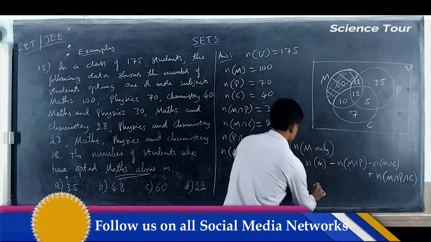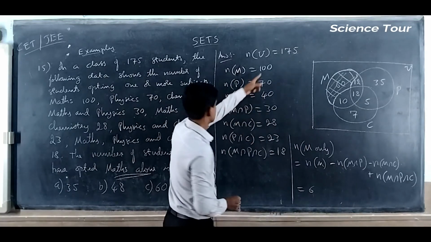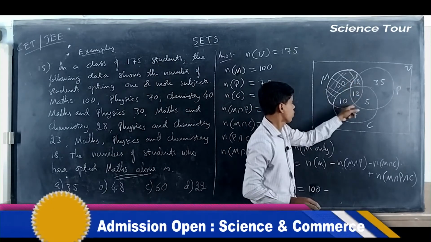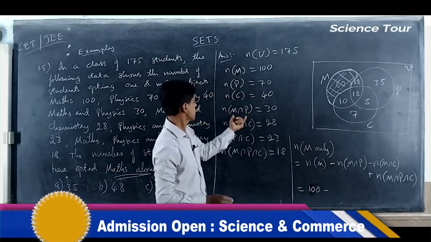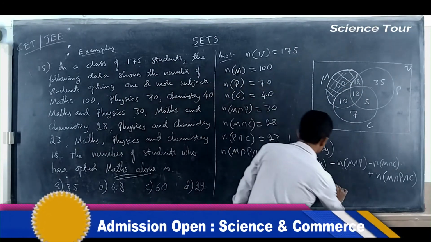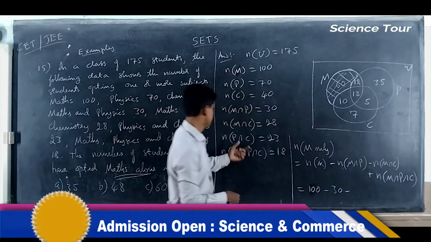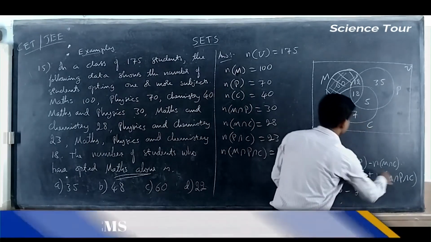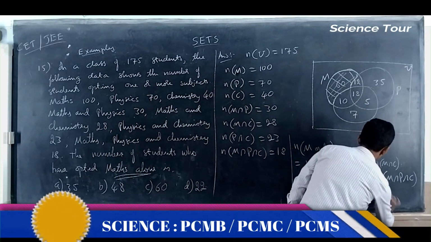So this is 100, n of M, minus M intersection P, that is 30, and then M intersection C is 28, plus you have to add this 18.